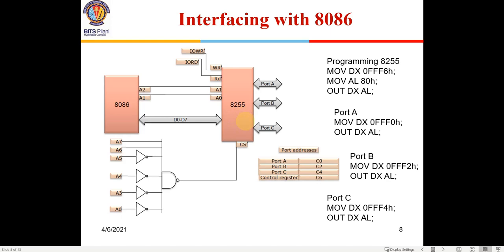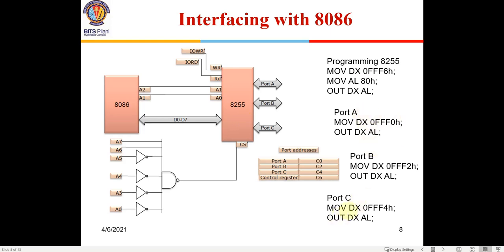Into that internal register I can put some data. In this example I have just shown some figure 80. I can put 80, or 82, or 84. The figure I put, 80, 82, 84, will decide the mode of operation of this 8255, whether it is going to work in mode 0 or mode 1, mode 2. That will be decided by this 8-bit data which we feed into the internal register of 8255.